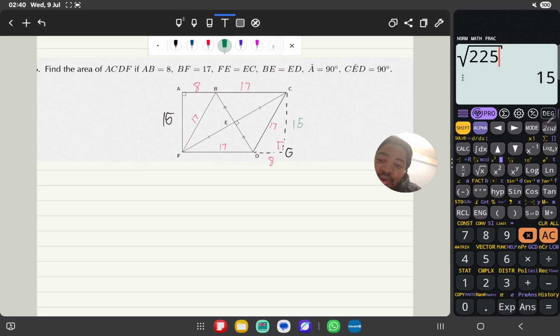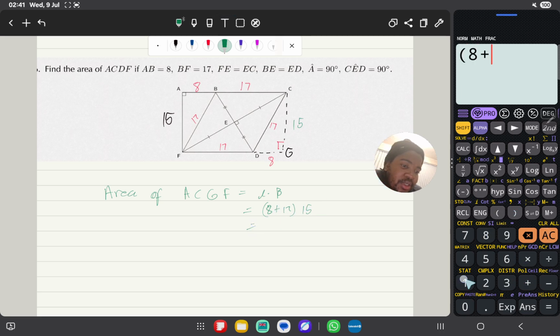Let me erase this for space. After doing all that, we can then say area of ACGF is length times breadth, which is 8 plus 17 multiplied by 15. So 8 plus 17 multiplied by 15, we are getting 375.